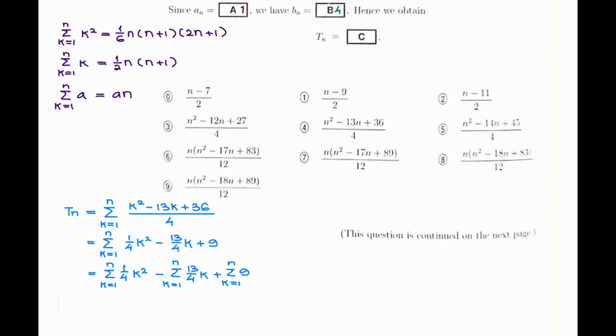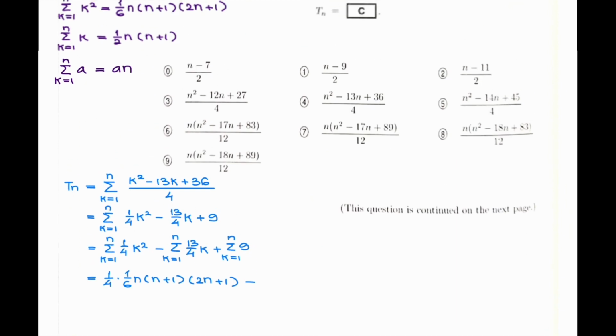So when I want to find the sum of k squared, I can substitute it using this one. Then I will obtain 1 over 4 times this whole thing: 1 over 4 times 1 over 6 n, n plus 1, 2n plus 1, minus, for the second term, the summation of k, I can use this formula.